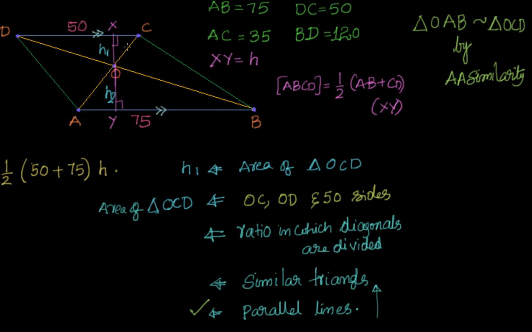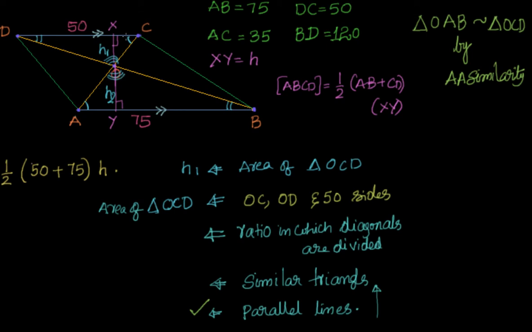If you know that AB and CD are parallel lines, then alternate interior angles are the same. That means angle ACD and angle CAB are the same. Similarly, we also know that angle CDO and angle ABO are also the same. And you already know that vertically opposite angles are the same. So you can see pretty much clearly that they are similar triangles.